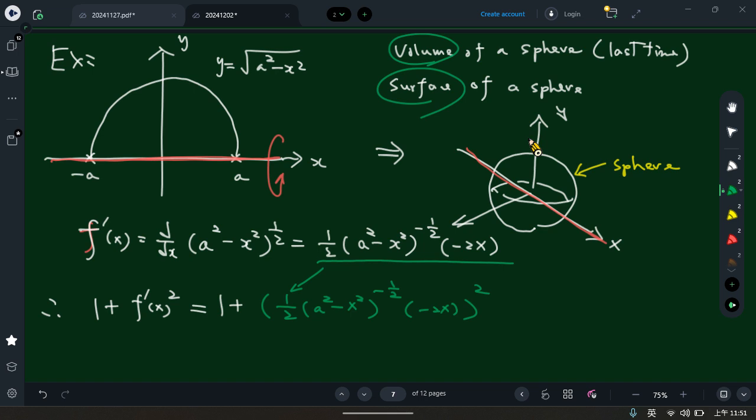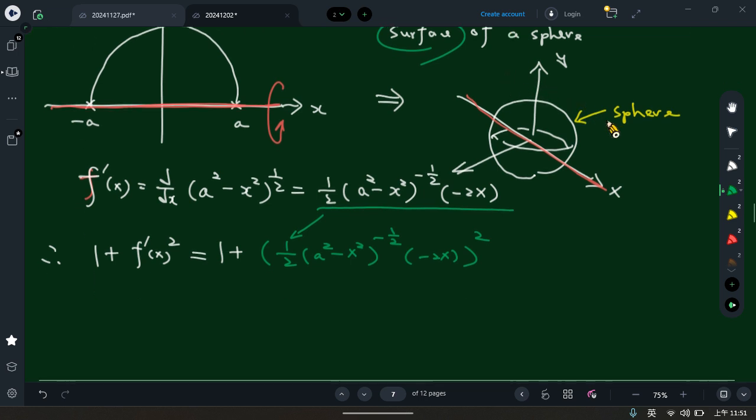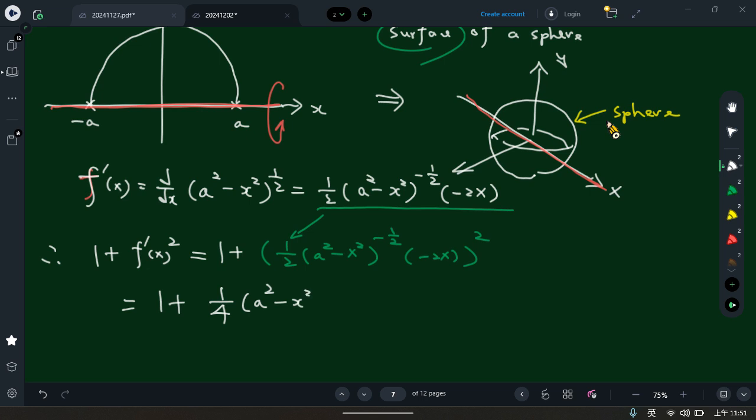So with this, we can continue to simplify it to be 1 plus, okay, so this is the square, so it will be 1/4 times a squared minus x squared to the power of negative 1, then 4x squared.